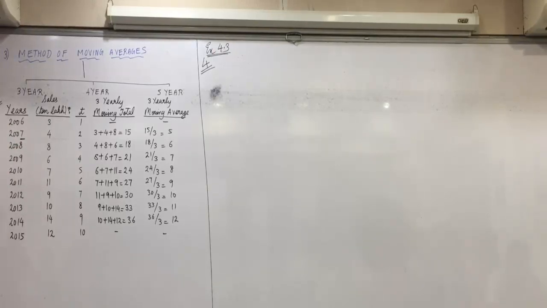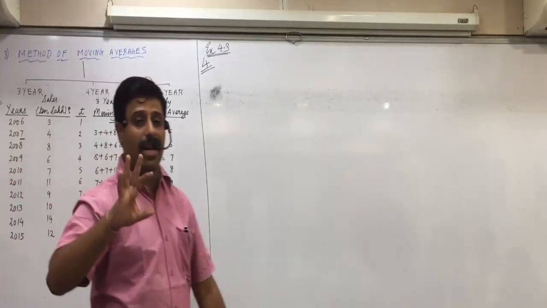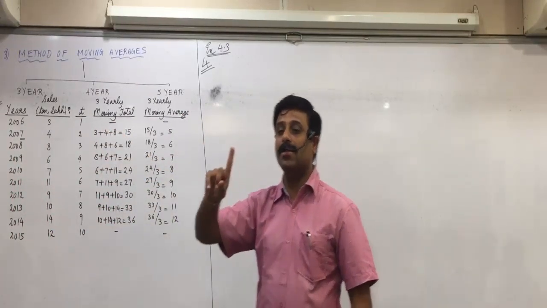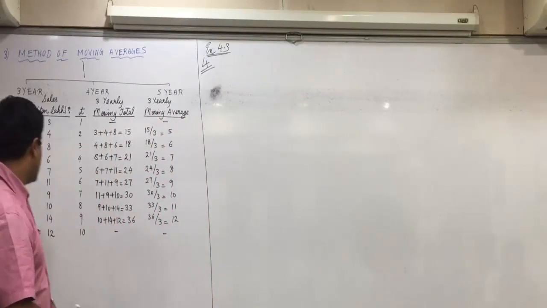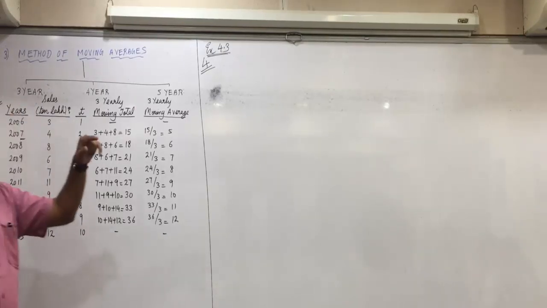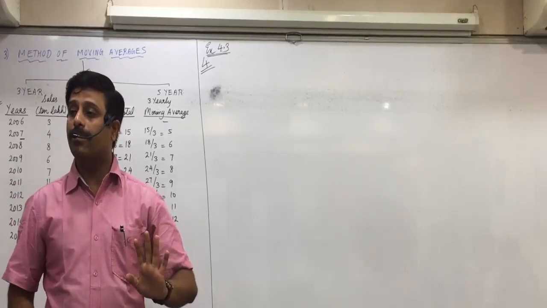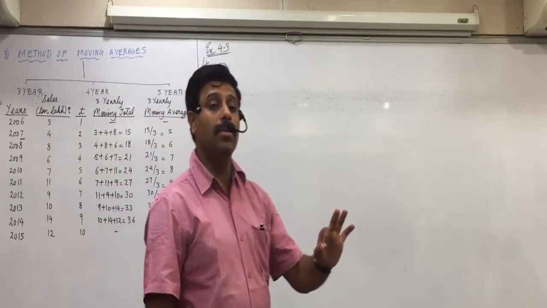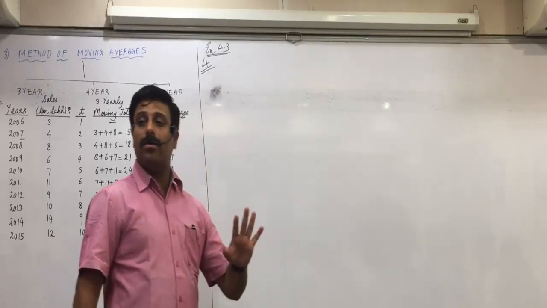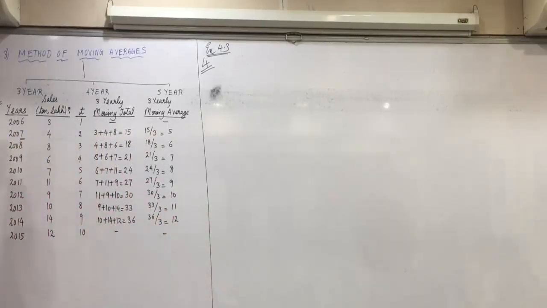So whenever 4 yearly, quarterly, monthly moving average comes, you will write all the values leaving one line each, because the middlemost year will come in between the second year and third year.